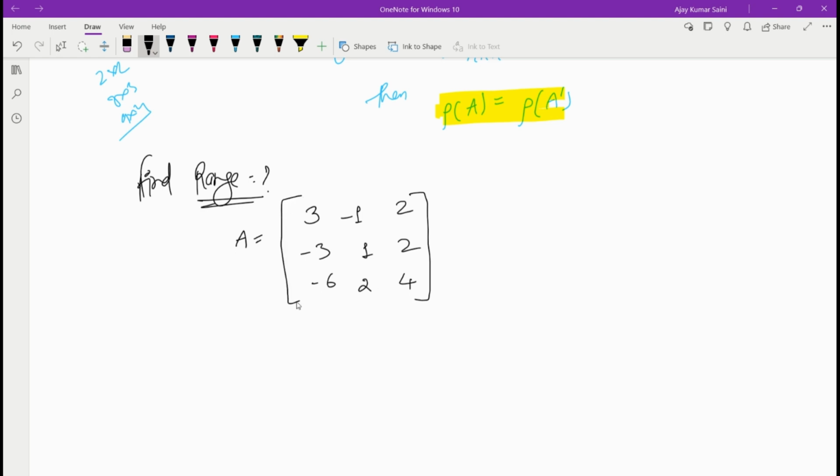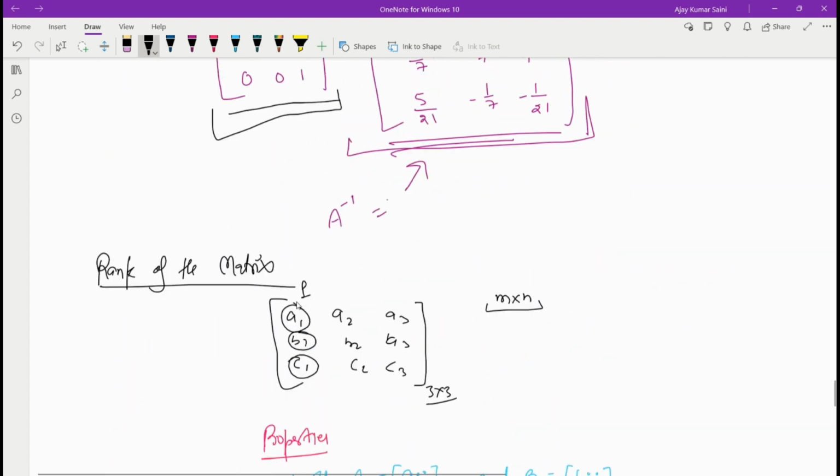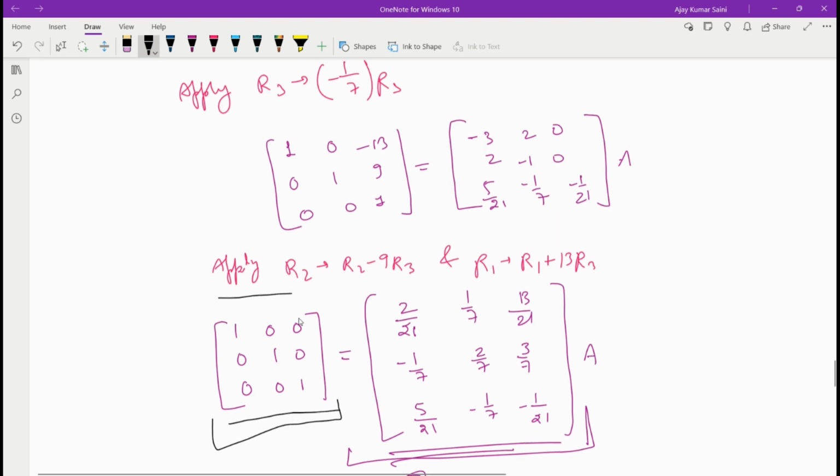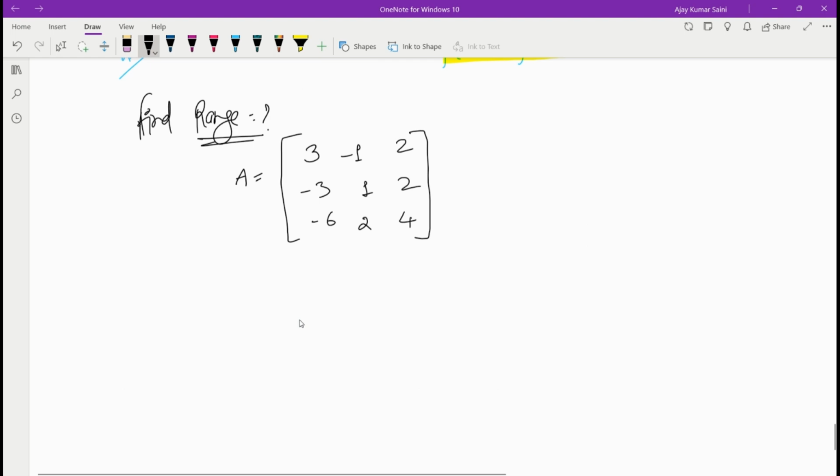Now we do the same thing as in the previous question, where we eliminate rows. Apply R2 goes to R2 plus R1.